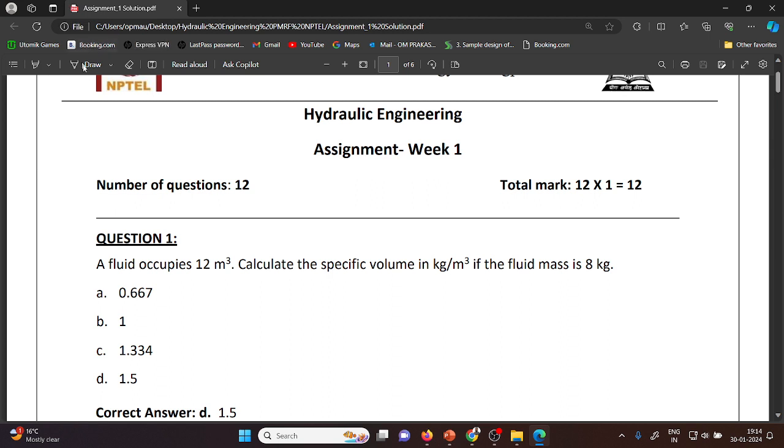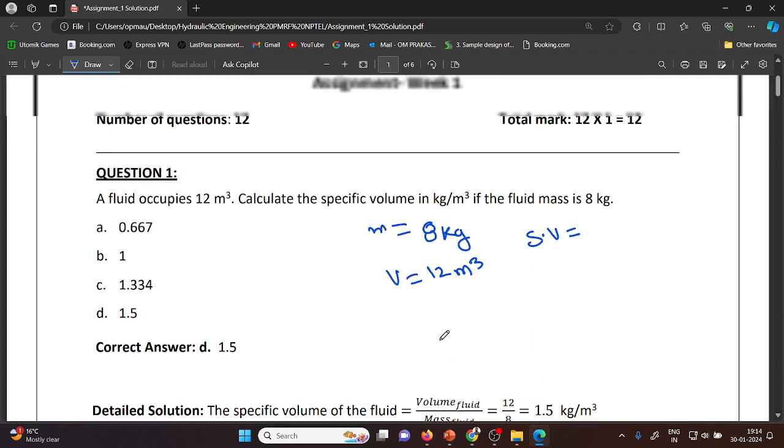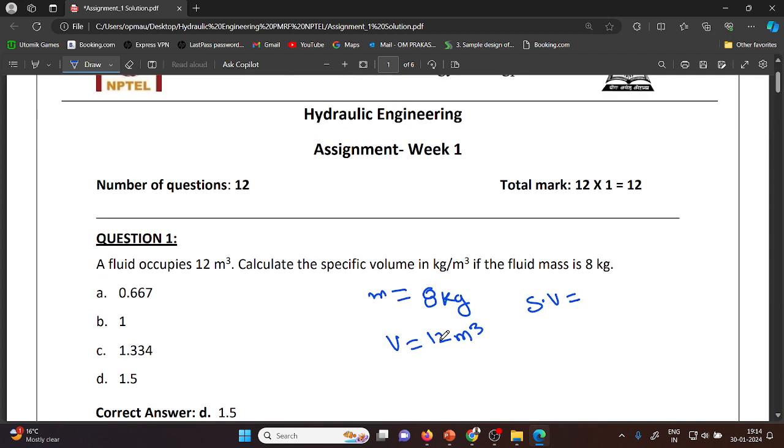Okay, let me take the pen. So your mass is given as 8 kg and your volume is given as 12 meter cube. It is asking for the specific volume. How much is the specific volume?